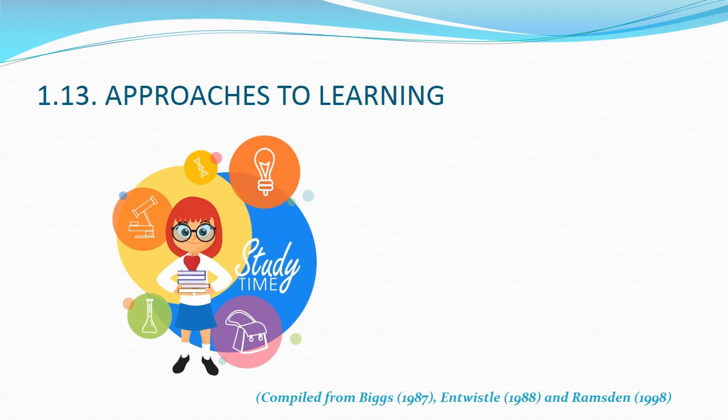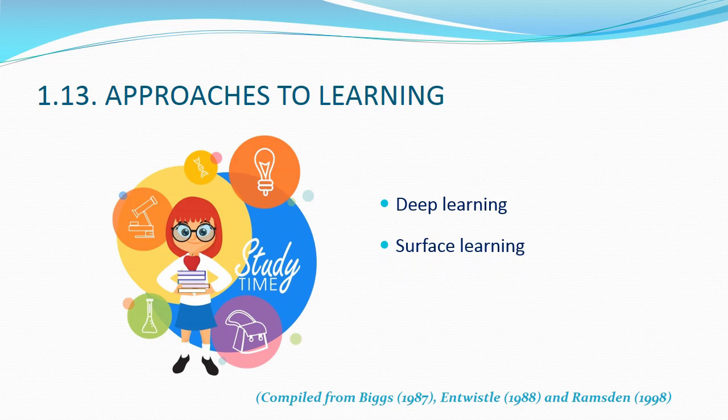Learning approaches have always been under analysis in education. We would like to present to you three of them as stated in the scientific literature. Deep learning implies examining new facts and ideas critically and tying them into existing cognitive structures and making numerous links between ideas.